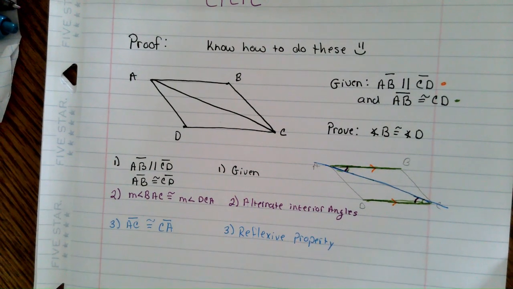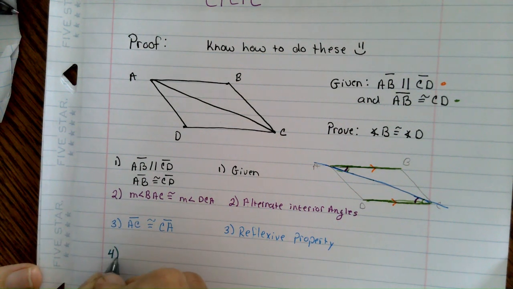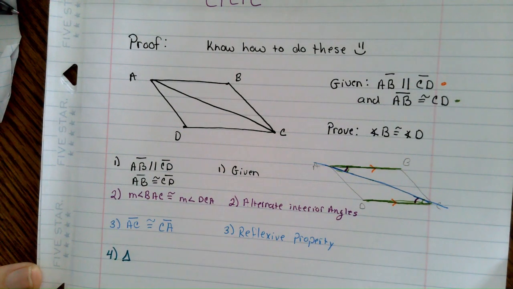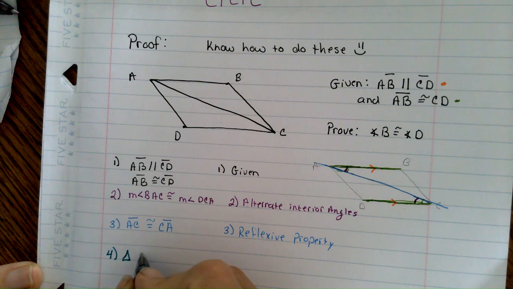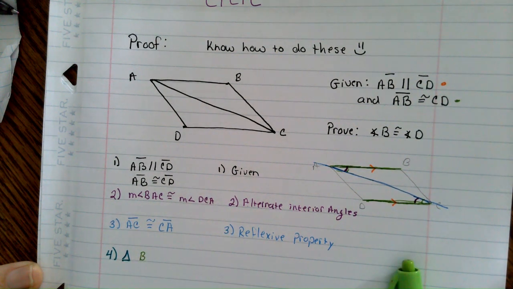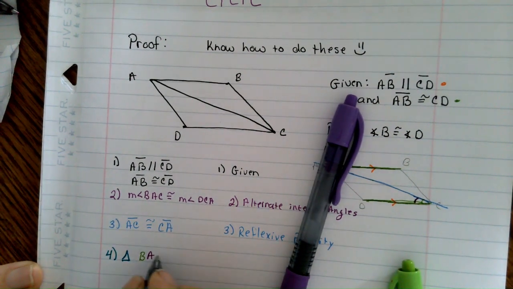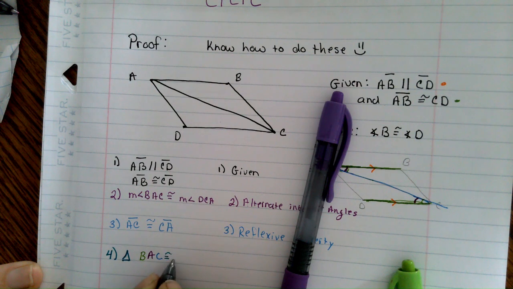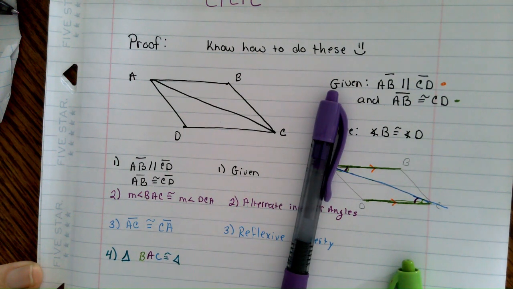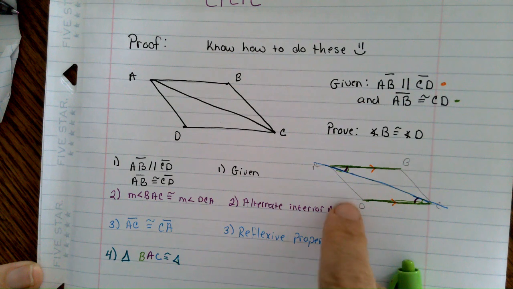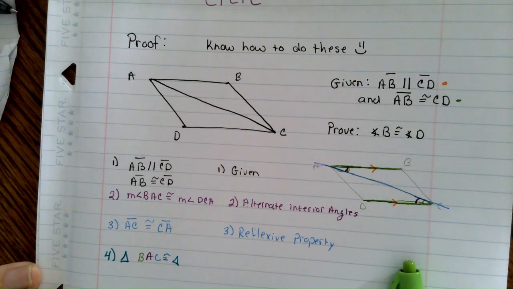So line 4, triangle. We're going to go from B to A, green, purple, blue, is congruent to triangle. Remember, we need to go down the green side, then to the purple angle, so DCA.